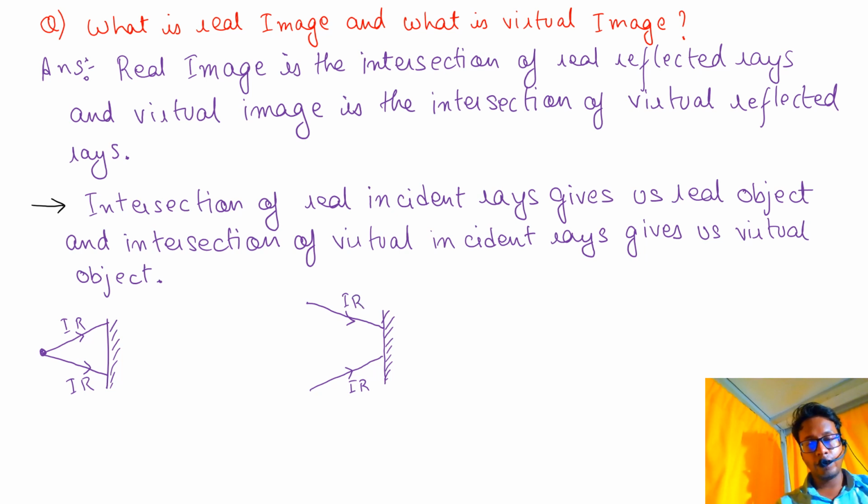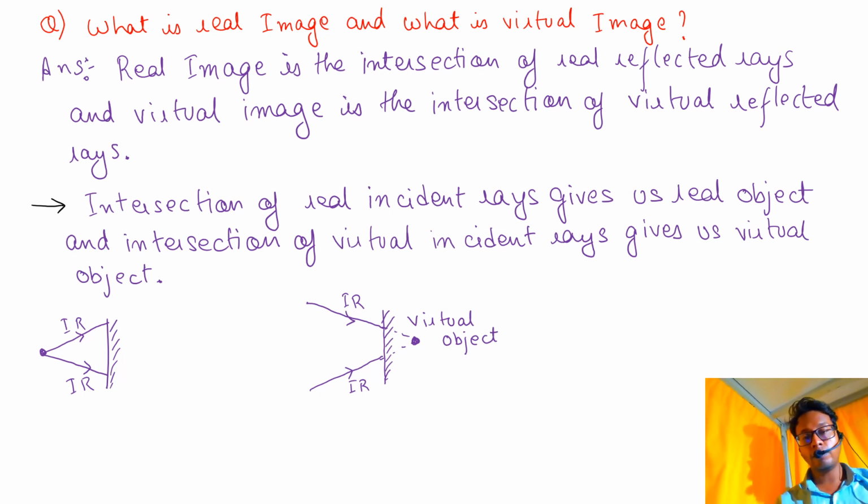Now out here incident rays produce an object, but these rays will never meet at this side. The incident rays appear to meet beyond the mirror. So out here there will be a virtual object. In a mirror, anything that is on the back side of the mirror is virtual.